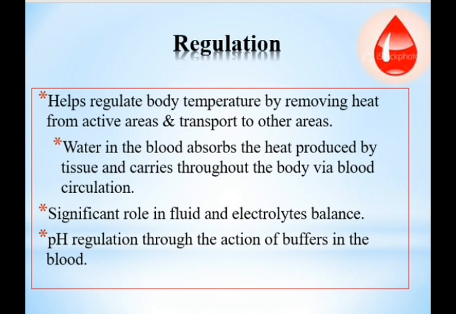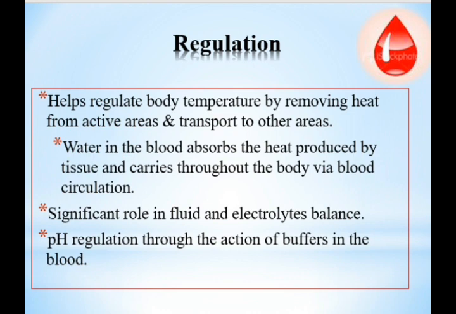So what about regulation? There's some stuff that your blood helps control. First of all will be the temperature. It will carry heat from the hot parts of the body all the way to the cold parts to take away the heat. Water in the blood will absorb heat produced by tissue, because water has a lot of heat capacity, and water also causes the heat to be lost through evaporation, by sweat.